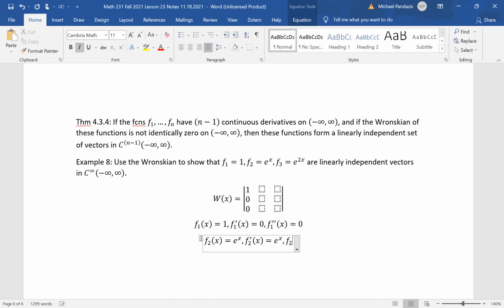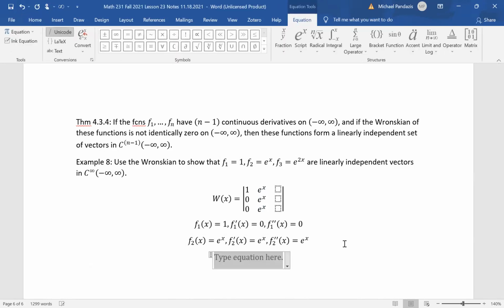And then f sub 2 double prime of x, the second derivative, is the derivative of the first derivative, e to the x, which is also still e to the x. So the 0th derivative, first and second, all three of them are e to the x. That's the second column. Each column corresponds with a function and its derivatives.